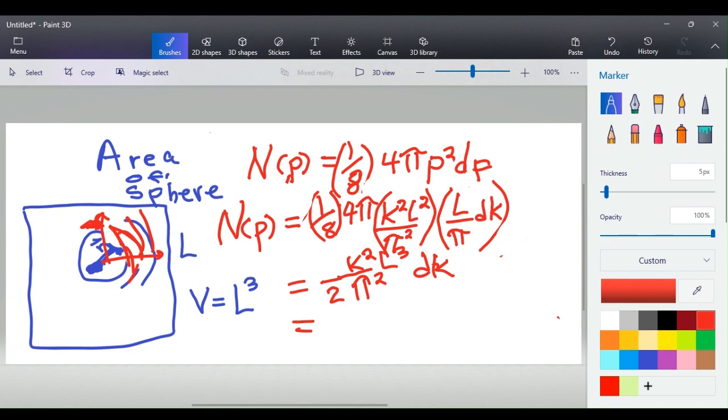Let's put the big V here. That replaces the L cubed. V, k squared over 2 pi squared, and that's dk.